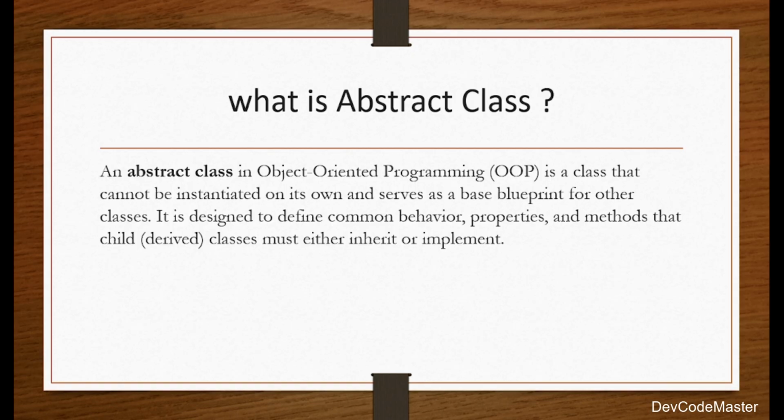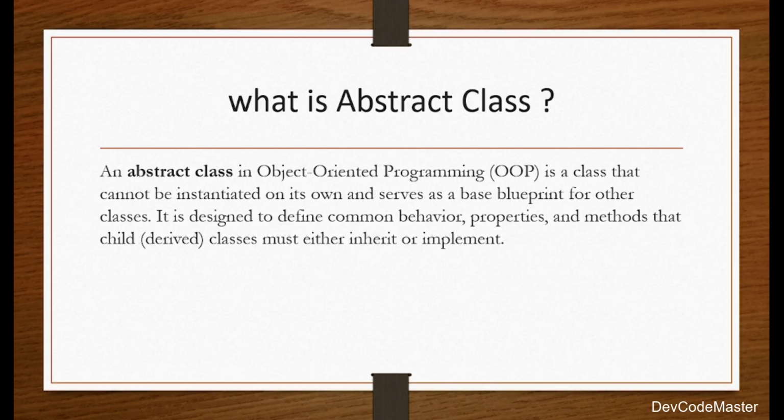If you do not implement it in the child class, an error comes and it will not run. You can declare public, private, and protected variables and properties in an abstract class.